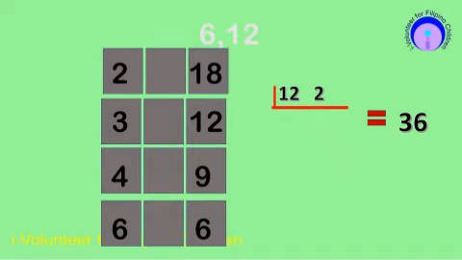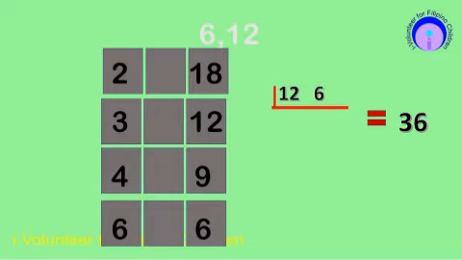Let's try 2. 2 times 6 times 1 is not equal to 36. How about 3? 3 times 4 times 1 is not equal to 36. How about 4? 4 times 3 times 1 is not equal to 36.